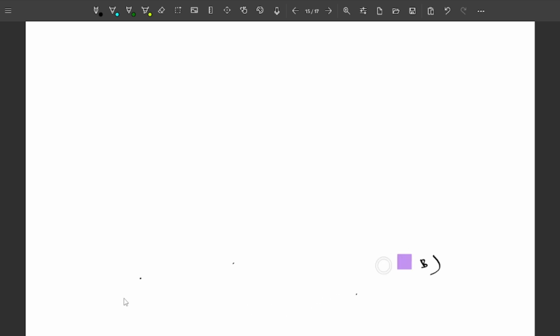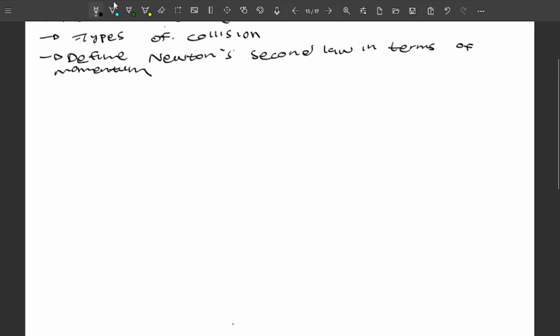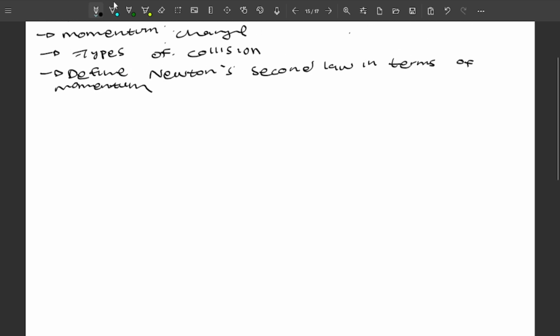It's important to understand it because it will help you in case of two objects that are moving and then collide with each other, and you are required to find the momentum before and the momentum after. So let's look at impulse.